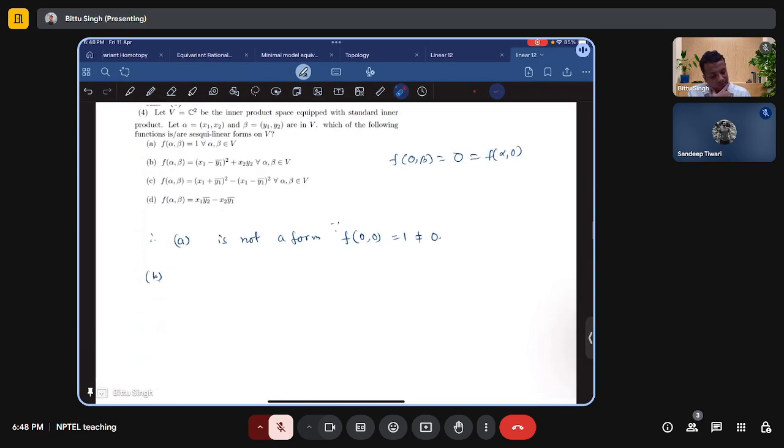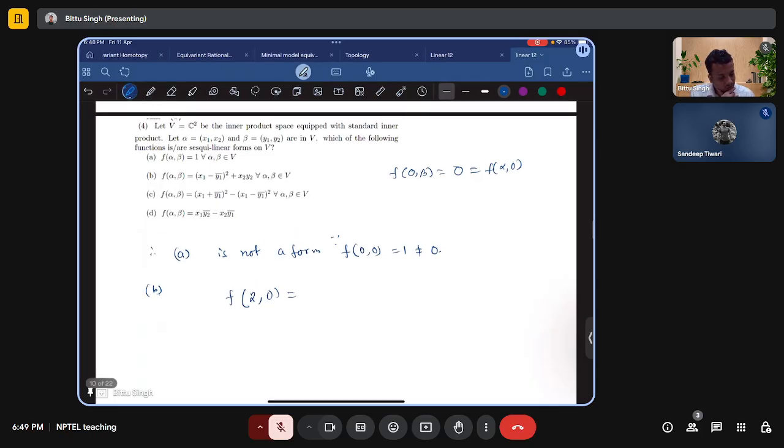For example, let us check with f of 1, 0 and then 0, 1.